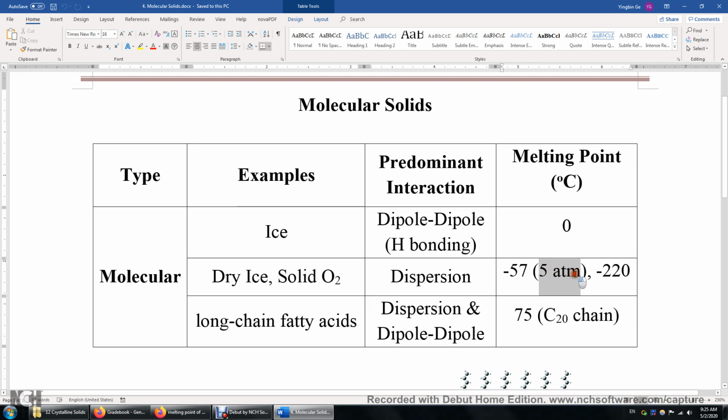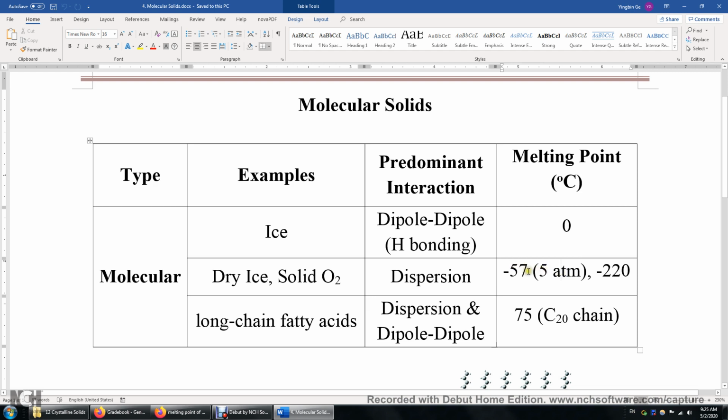Again, under 5 atm pressure, if the temperature is negative 60 degrees, you have solid CO2 or dry ice. At negative 50 degrees Celsius, you get a liquid. Liquid CO2, again, you have to have a fairly high pressure here.